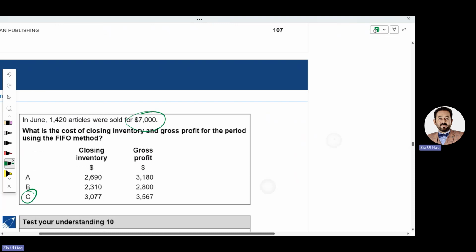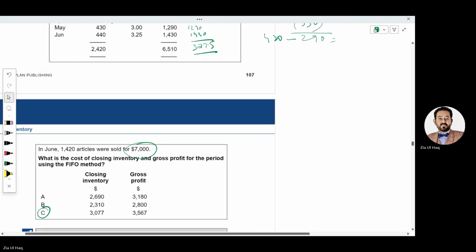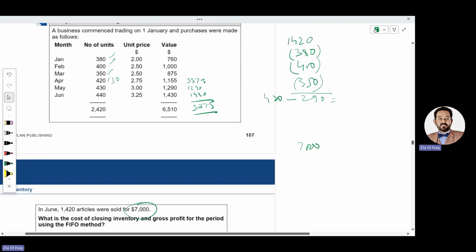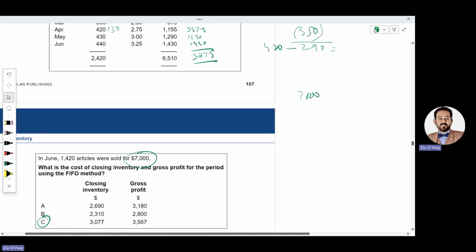Now calculate GP, whether it is 3567. So sale is 7,000. Cost of sale, what is the purchases figure? What is the opening inventory? There is no opening inventory. So there are purchases of 6510 and there is closing inventory of 3077.5.